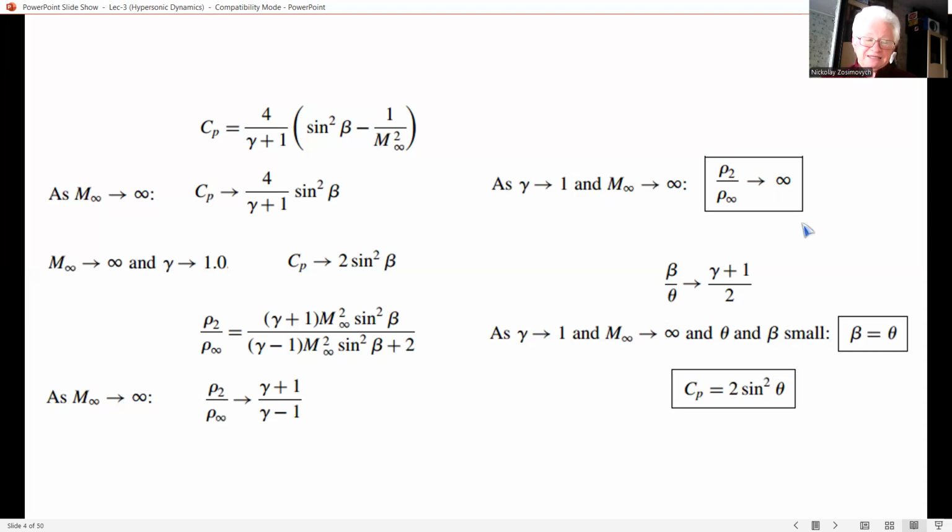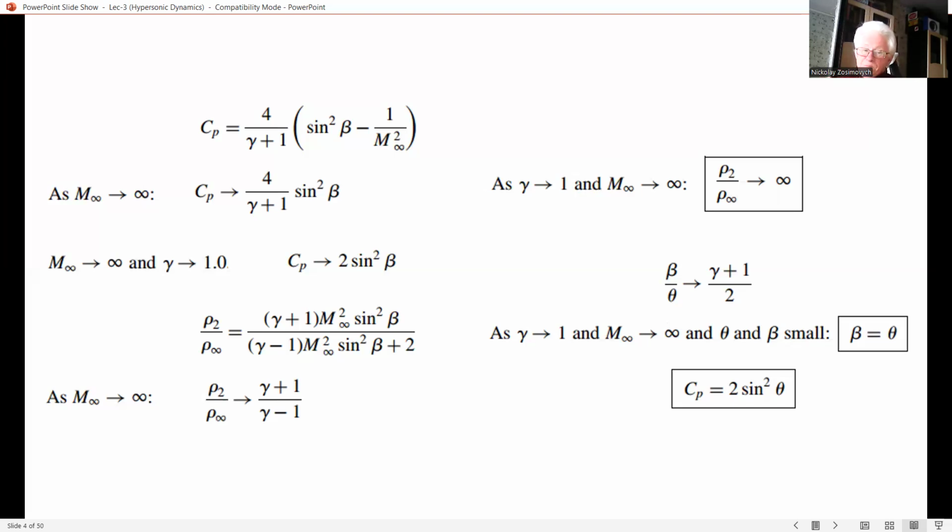So that is, the density behind the shock is infinitely large.